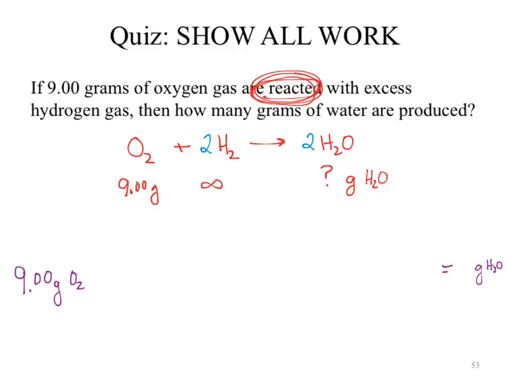The next big tricky thing here. We're starting with oxygen, we're ending with water. Which means we are changing the substance. If I give you a tire, what can I change that substance to? I can change it to a car. How do I change it to a car? Add the rest of the car.